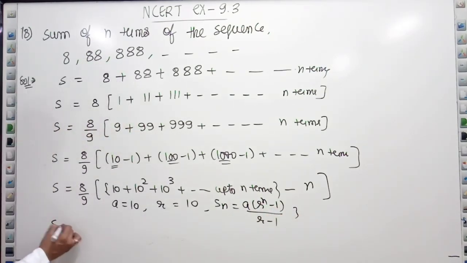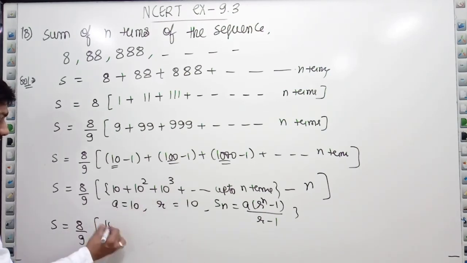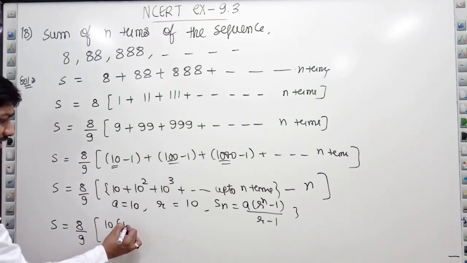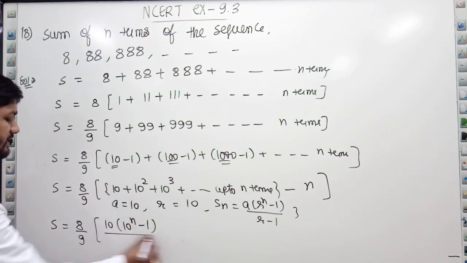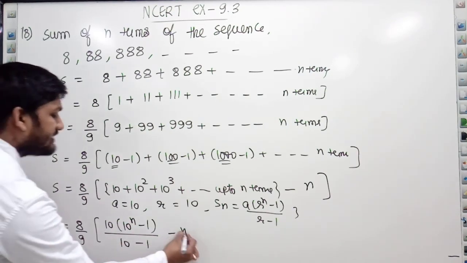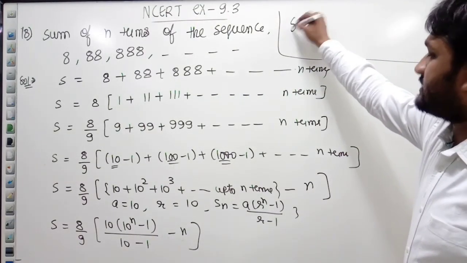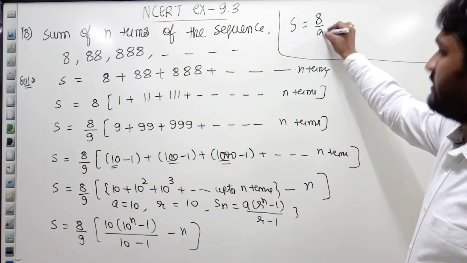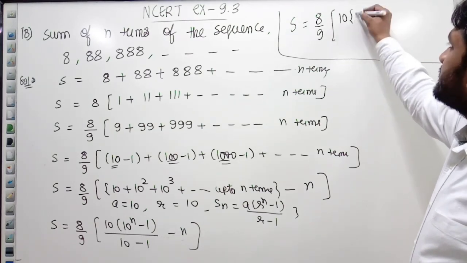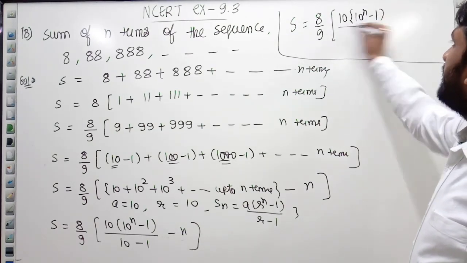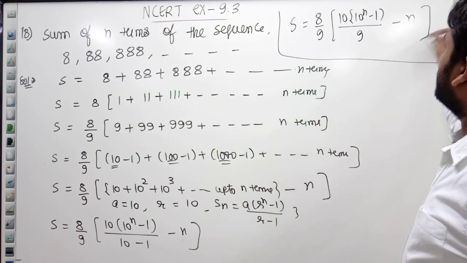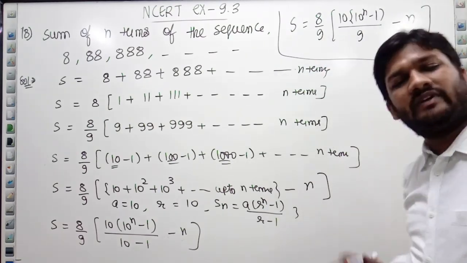We will have S equal to 8 by 9, where a is 10 and r is 10: 10 into 10 to the power n minus 1 upon 10 minus 1, minus n. So we have S is 8 by 9 times 10 into 10 to the power n minus 1 upon 9, minus n. This is the answer.